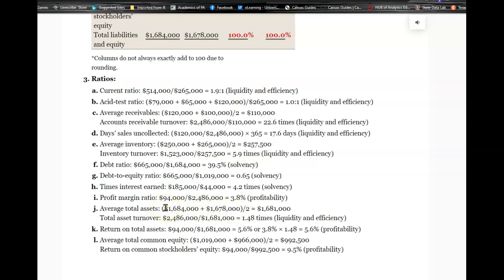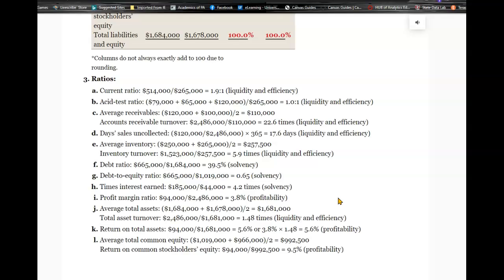And then we have in the next year, 1,684,000. Again, anytime you want to come up with an average, you add up the ending of the 1 year, the ending of the next year, divide them by 2, and that gives you your average. In this case, it's 1,681,000.